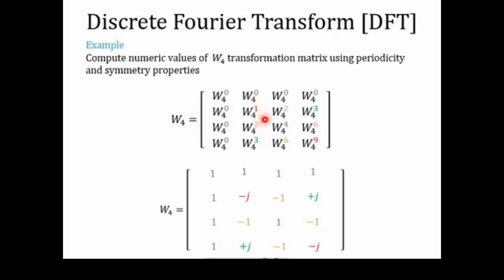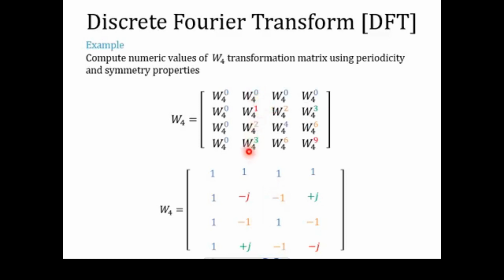So W42 will be equal to negative times of W40. And what was the value of W40? It was 1. So 1 into minus 1 will be minus 1. So the value of W42 will be equal to minus 1. Here we have applied symmetry property on the W40 factor.